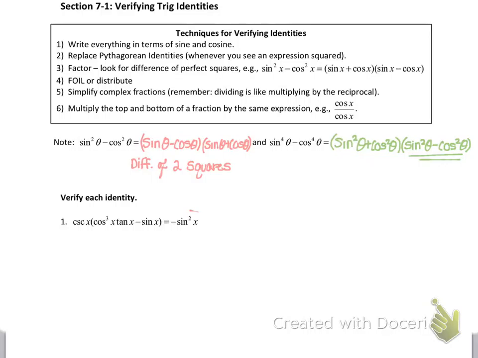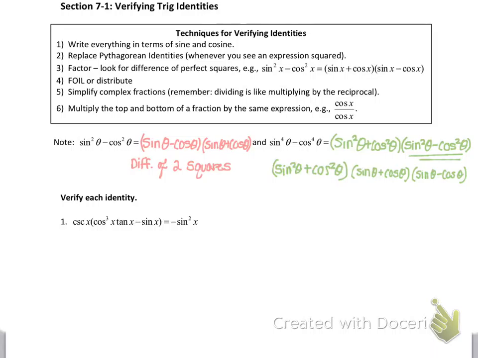So then that means that my final answer is going to be sine squared theta plus cosine squared theta, because we can't simplify that anymore. But we can factor the subtraction problem with another difference of two squares into sine theta plus cosine theta and sine theta minus cosine theta. So just note that while we go into our practice for today.